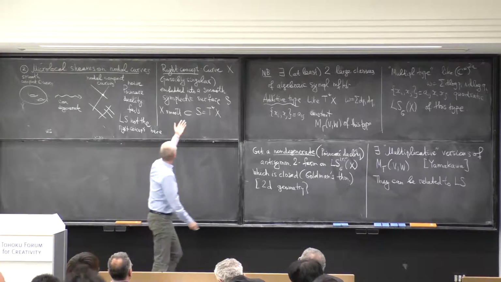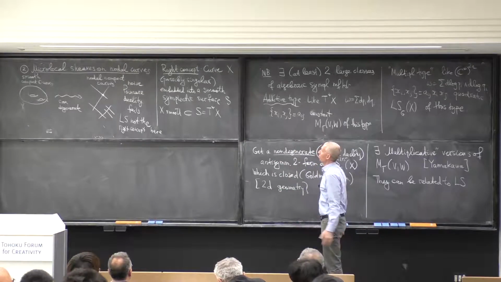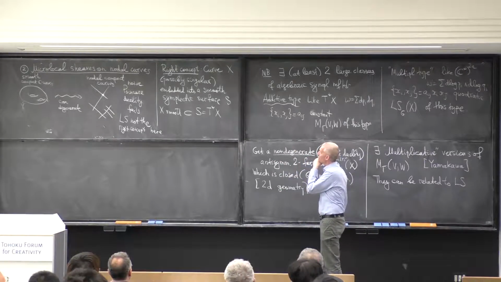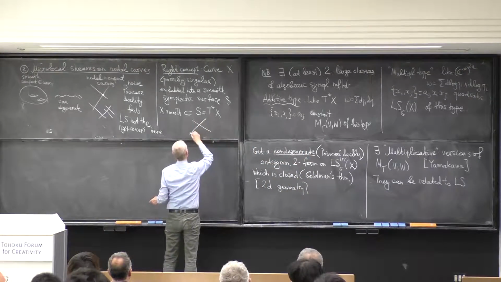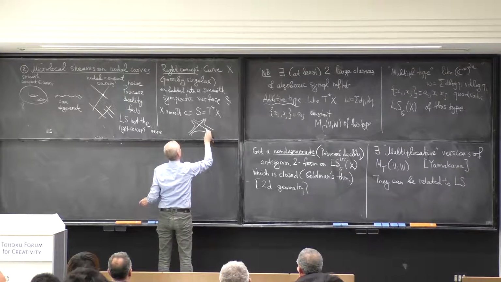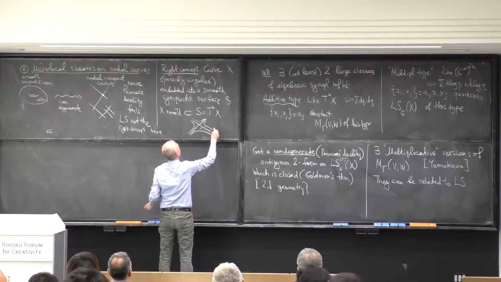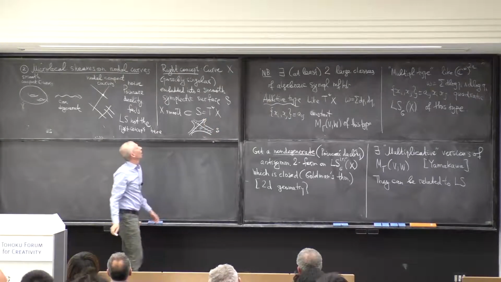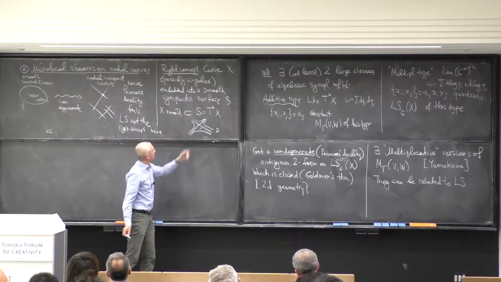This setting, of course, is the simplest setting of deformation quantization. We think of our curve as being a Lagrangian, and we may need only a small neighborhood of this curve, but it already gives us some extra geometry.